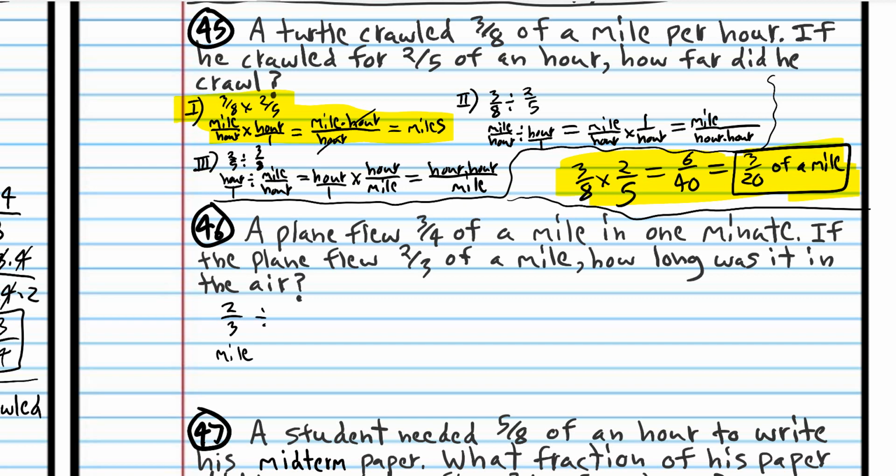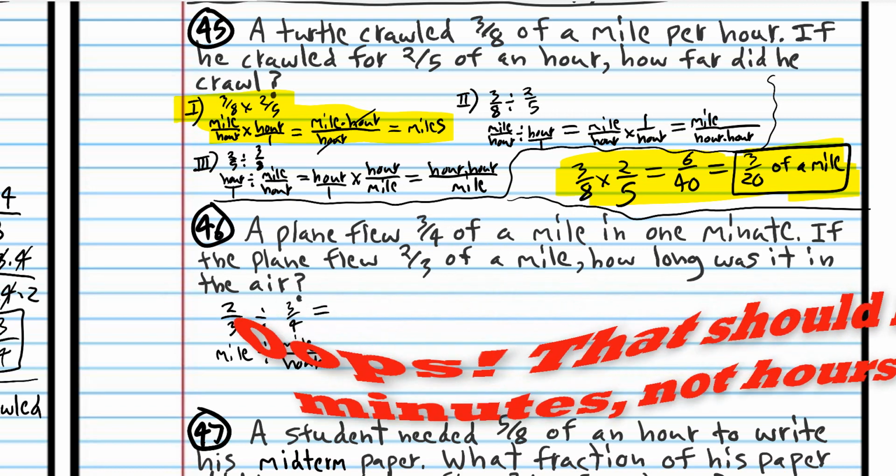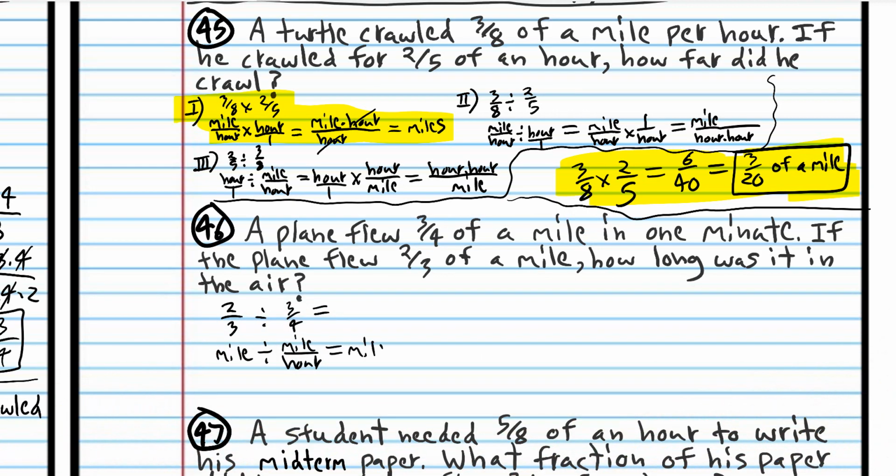And you're going to divide that by miles per hour, which is the 3/4. This is miles per hour. This is just miles. And so it becomes miles.